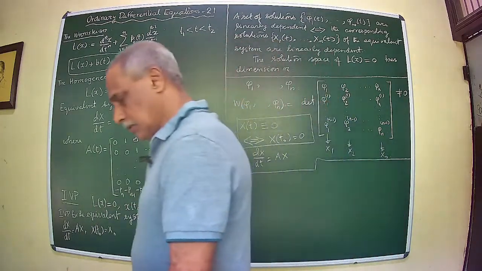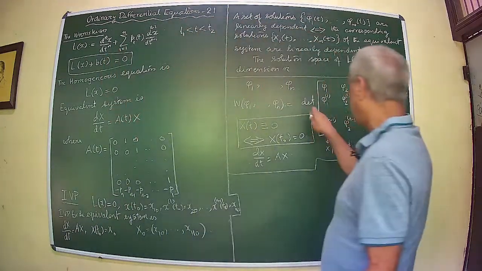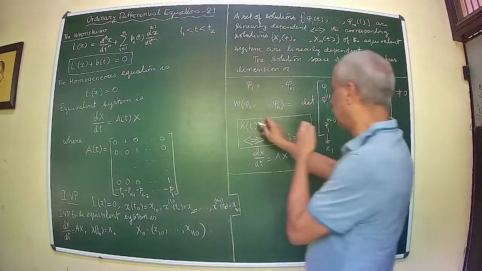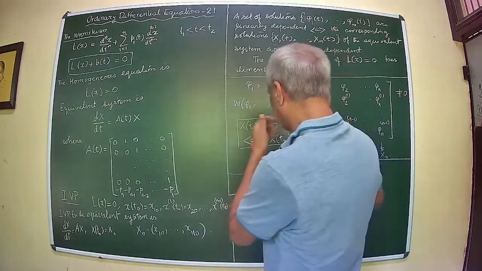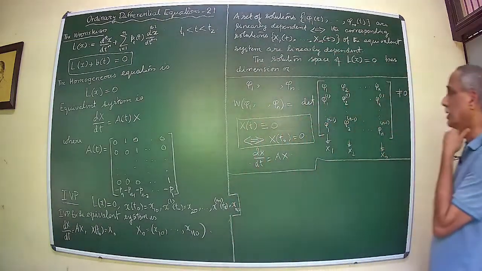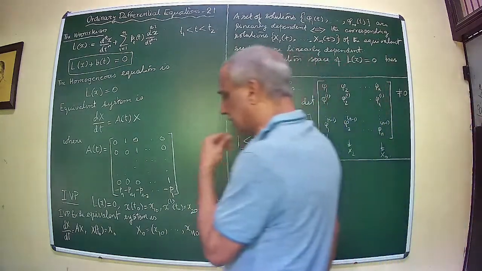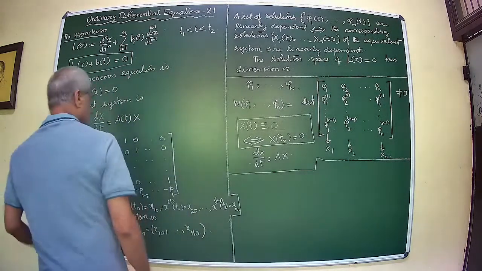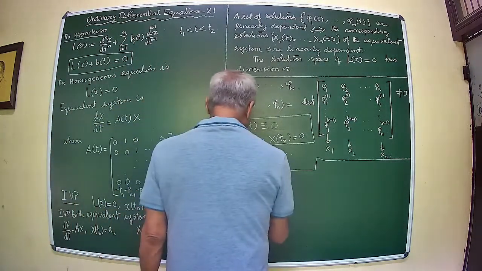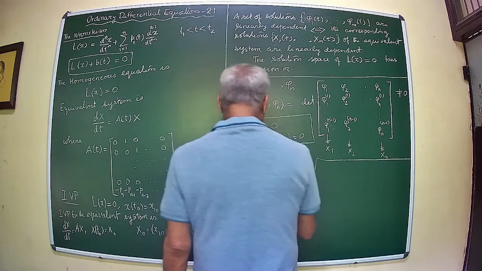Now that is related to the Wronskian. So we can say that phi 1, phi 2, ..., phi n are linearly independent. This is something which you can immediately prove.